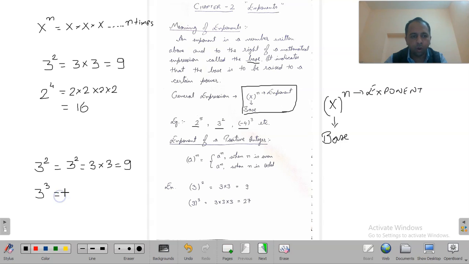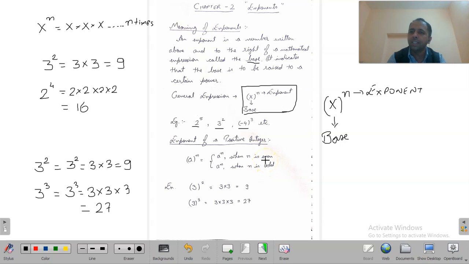It will also remain 3 to the power 3, that means 3 multiplied by 3 multiplied by 3. That means the value will be 27 in this case. So when the base value is a positive integer, the value will remain the same whether the exponent is even or odd.